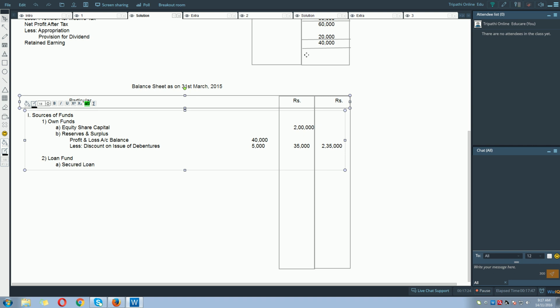Then we'll go for second, loan funds, and the first item that we are going to take is secured loan.